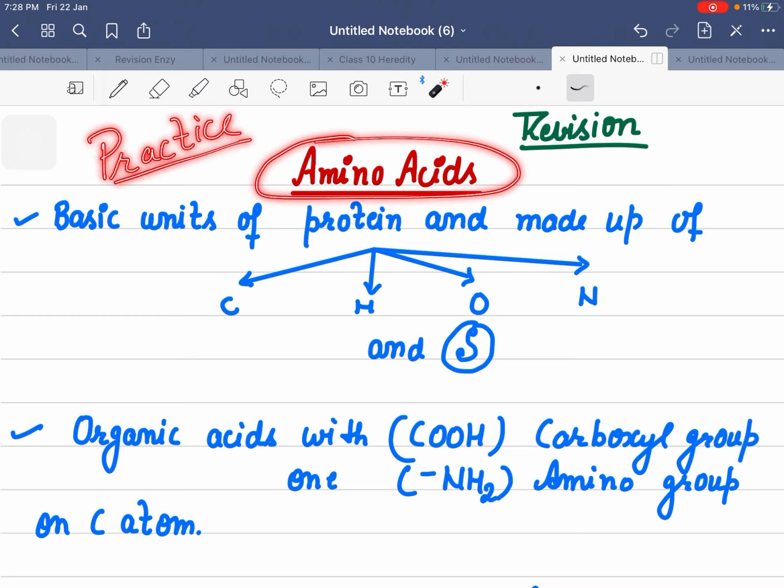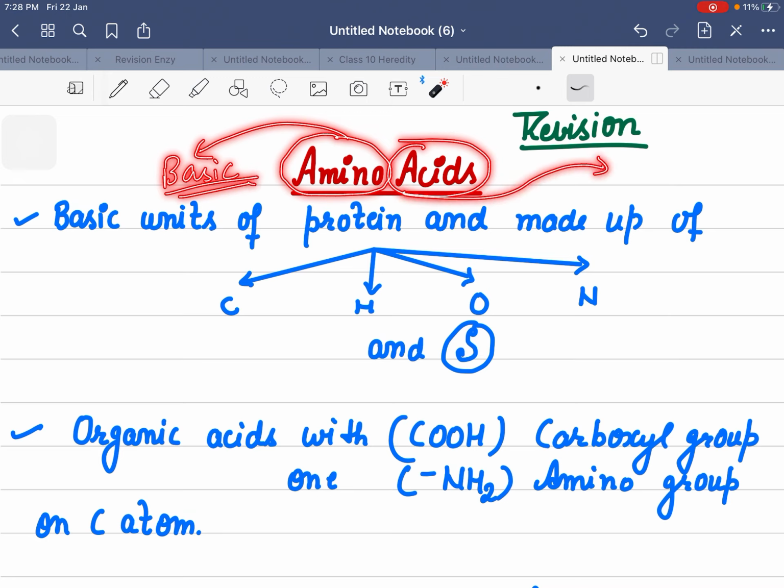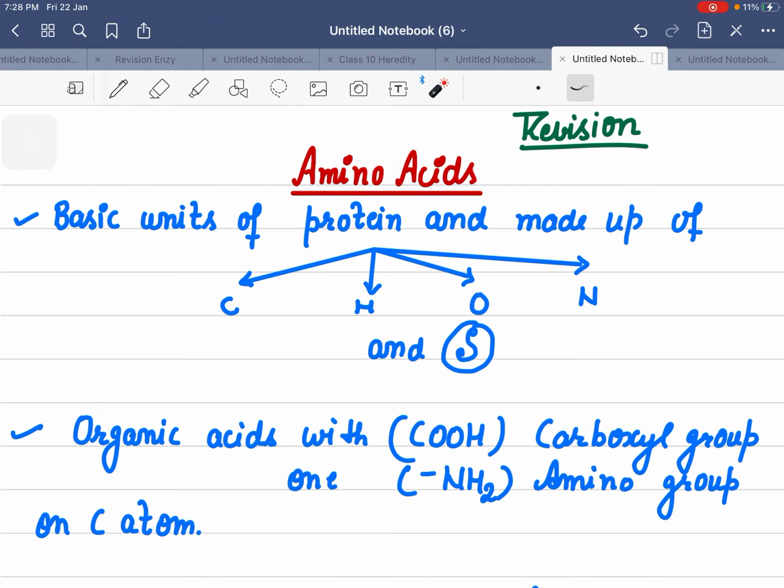So, amino acids. Two words are mentioned here, amino and acid. Amino shows that this structure has a basic group, and acid means it also has an acid group. Amino acids are small organic molecules.